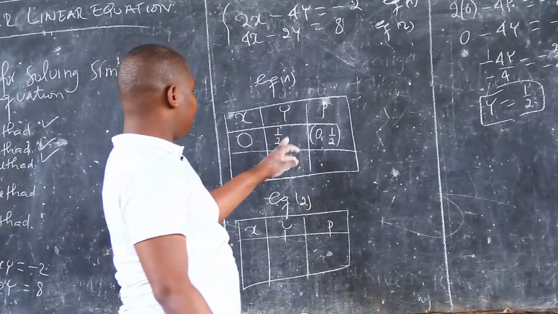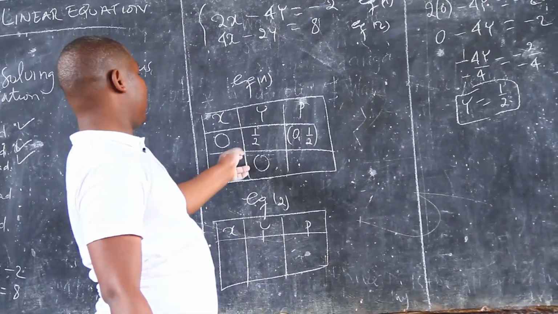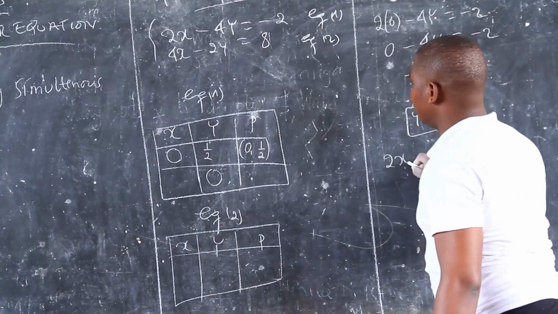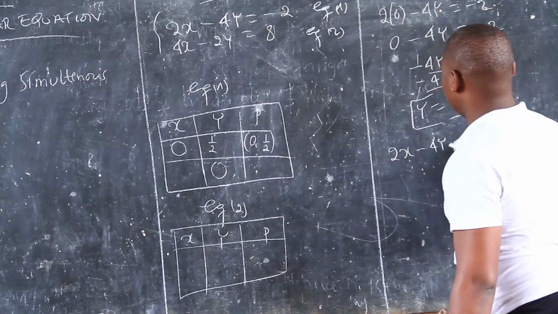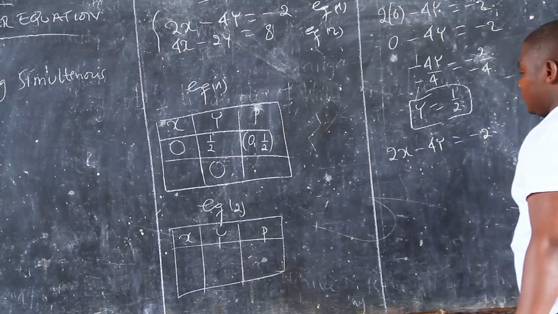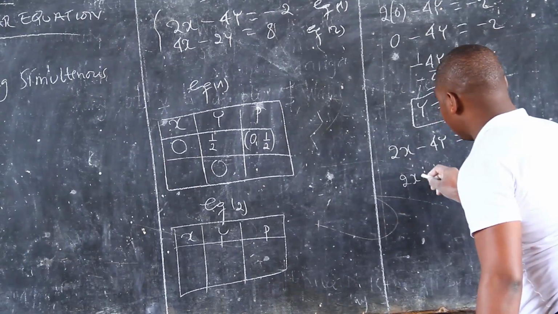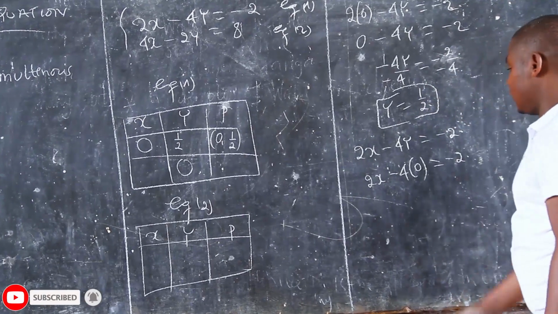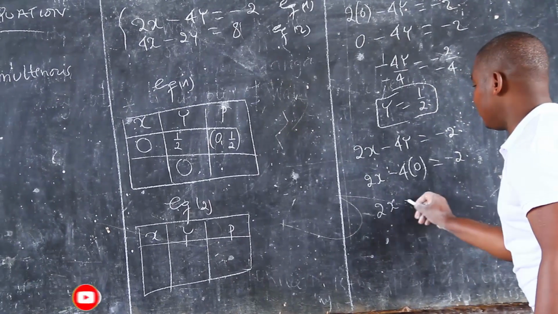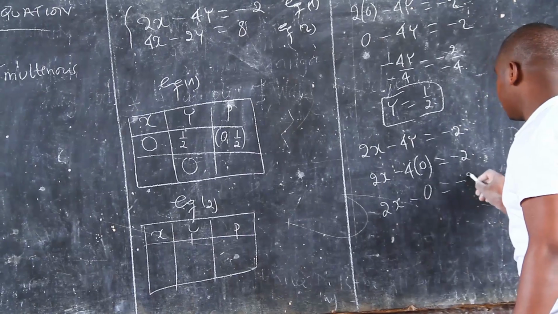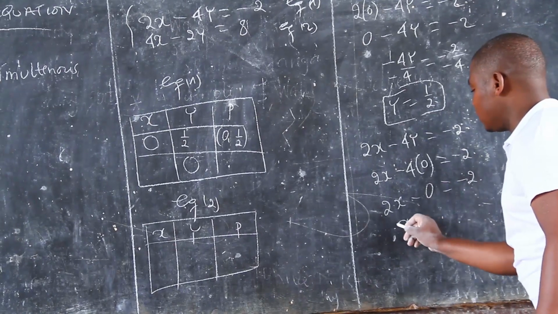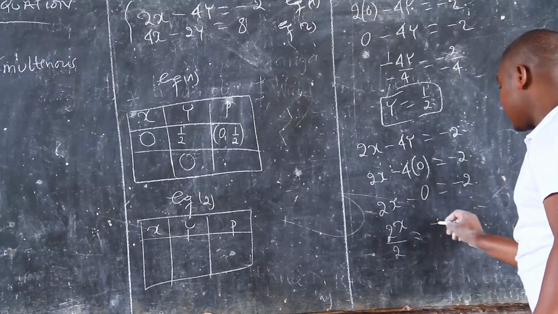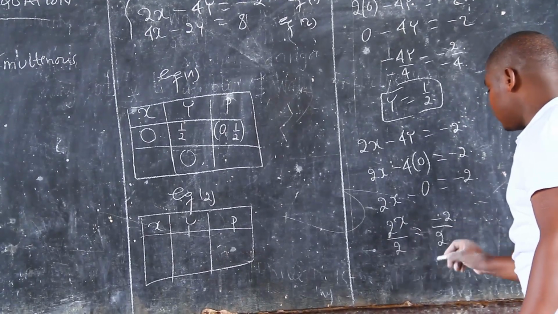Then, if I have y equal to 0, what is the value of x? If I have 2x minus y equal to negative 2, then 2x minus 0 equal to negative 2. 2x over 2 equal to negative 2 over 2.